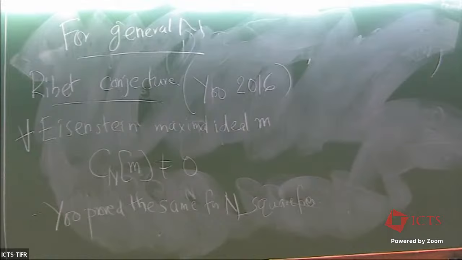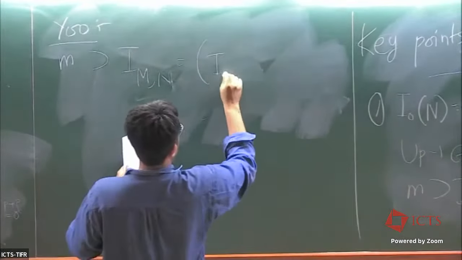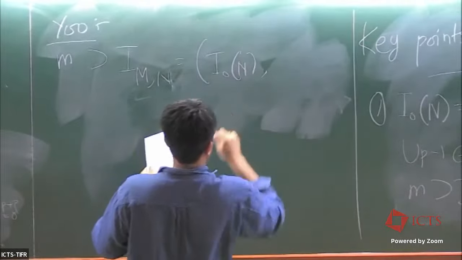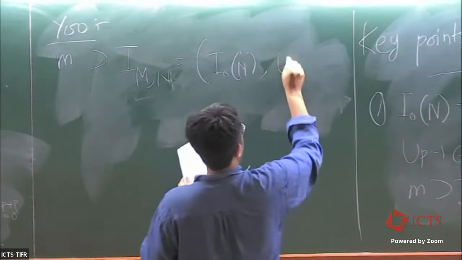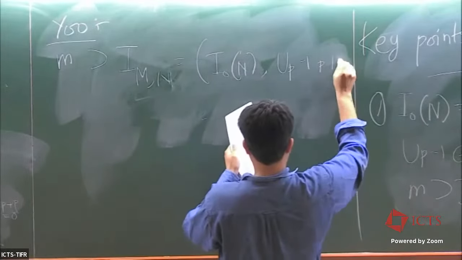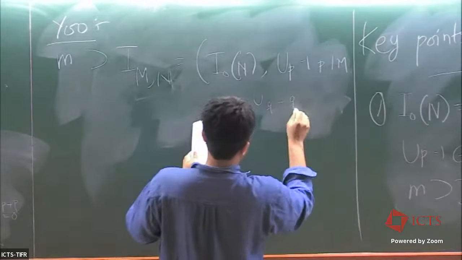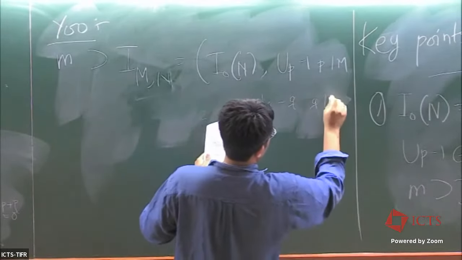So what do you have? M, which is the same as I naught of n, and only the p dividing n, p minus 1, and U_q minus q for q dividing n.